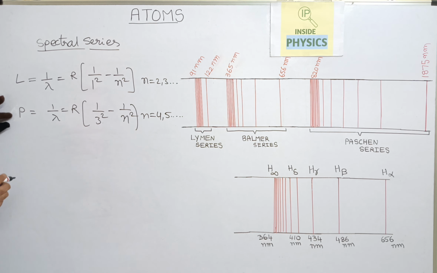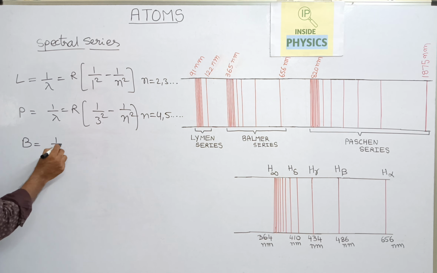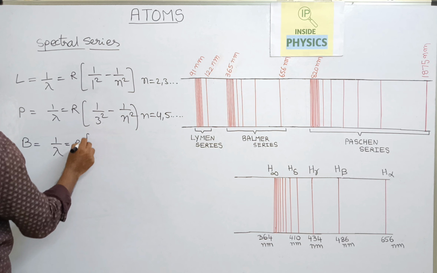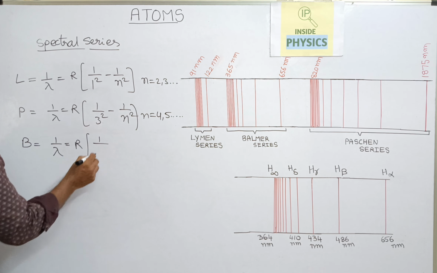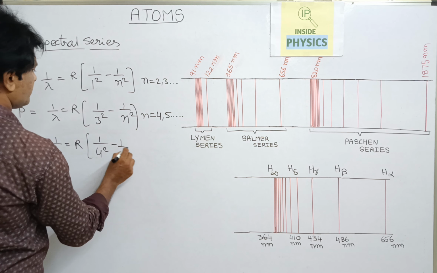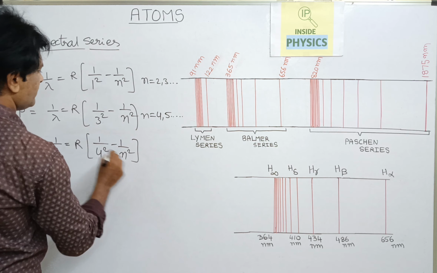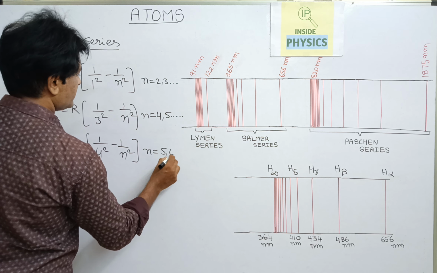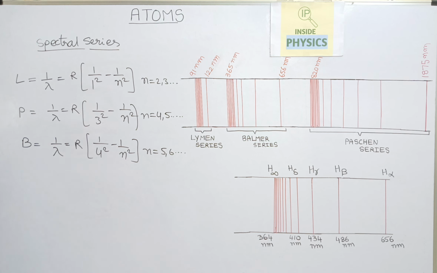Next, Brackett series: 1 by lambda is equal to R into (1 by 4 square minus 1 by n square), where n is 5, 6 and so on up to infinity.